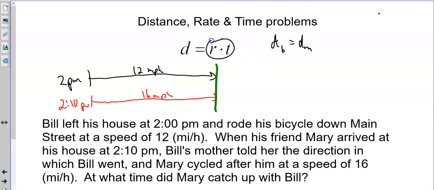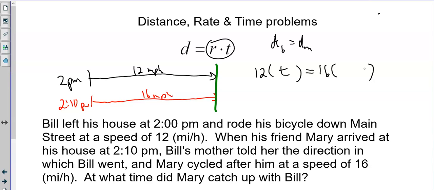So rate times time is our formula. Bill's rate is 12 times his time, and we don't know what his time is. I'm just going to say t, equals Mary's rate, which is 16, times her time, which is 10 minutes less than Bill's.